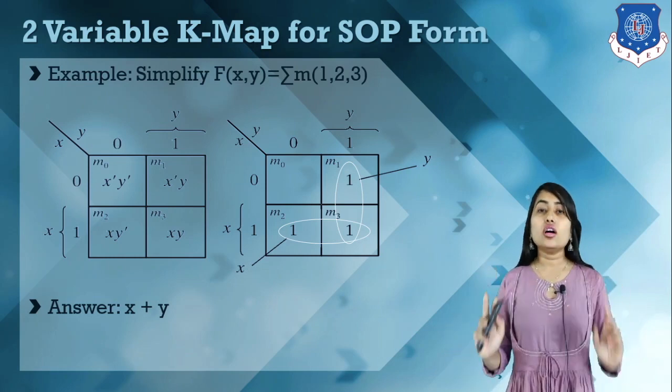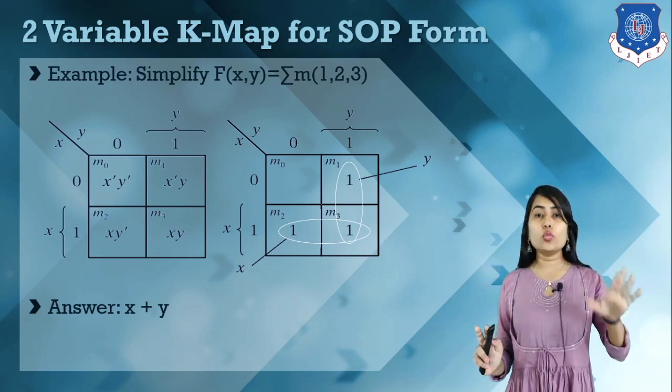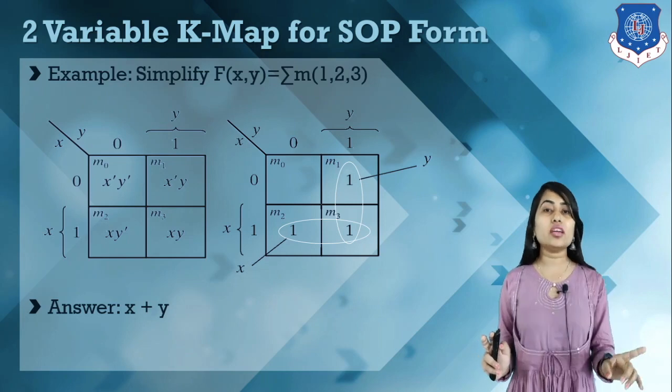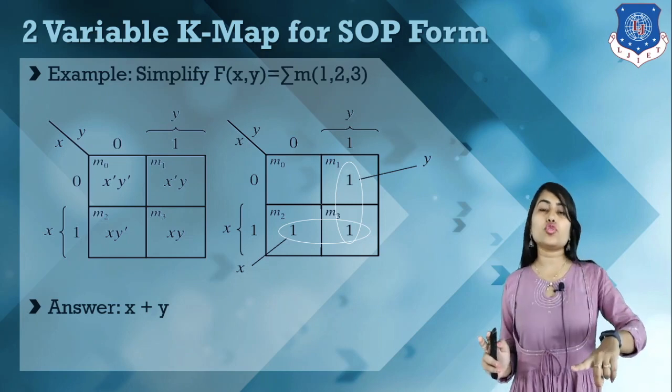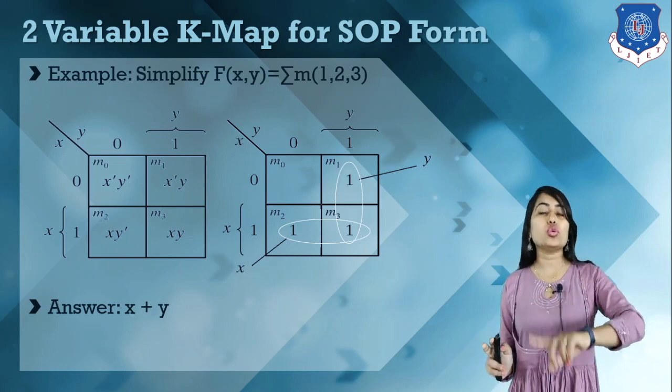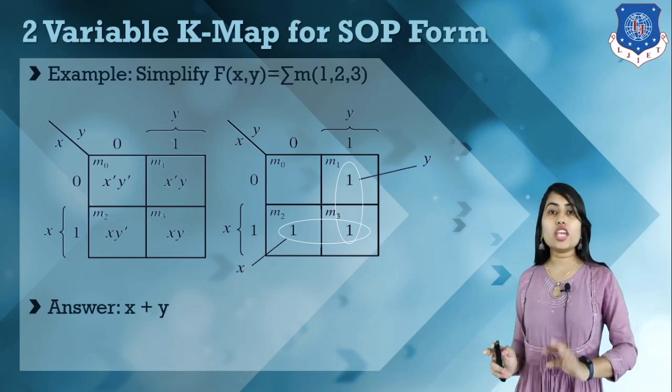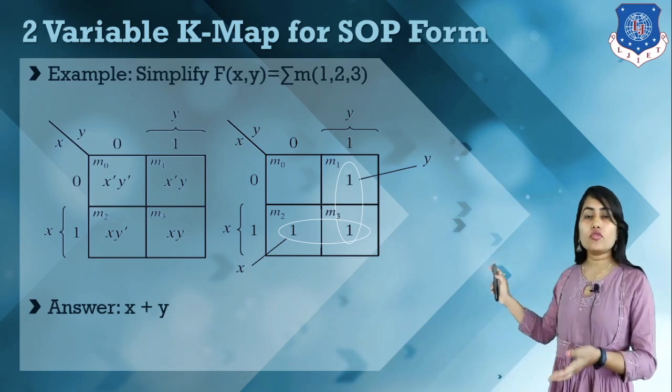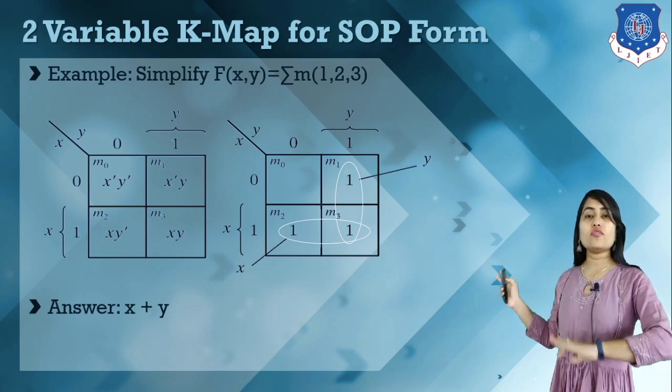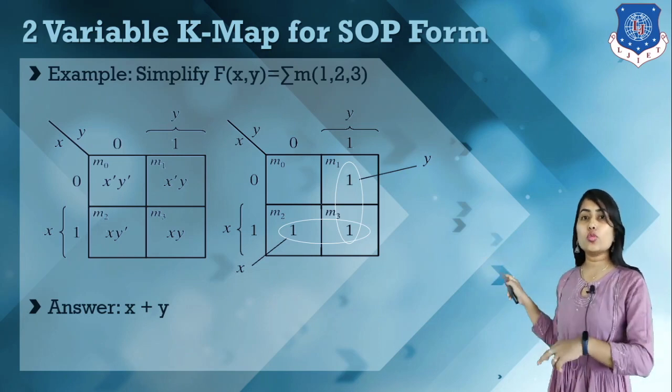Whenever we can have a group of 4, we first make a group of 4, then go for groups of 2, and then groups of 1. Here we can't make a group of 4, so we try for a group of 2. So yes, we can make a group of 2 like this.